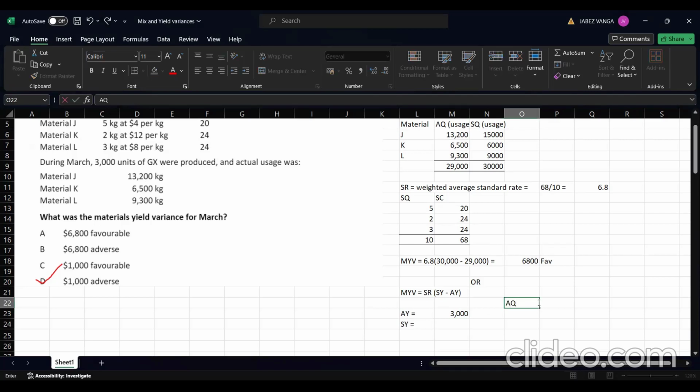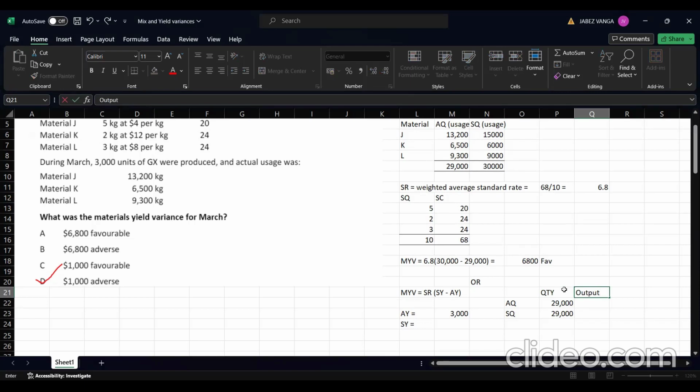Let's say the actual quantity is 29,000 kgs. By using 29,000 kgs, the output produced is 3,000. That's all fine. Now let's say standard quantity is also taken to be 29,000 kgs. With 29,000 kgs, how much would be the output? This is input, the quantity of material that is consumed.